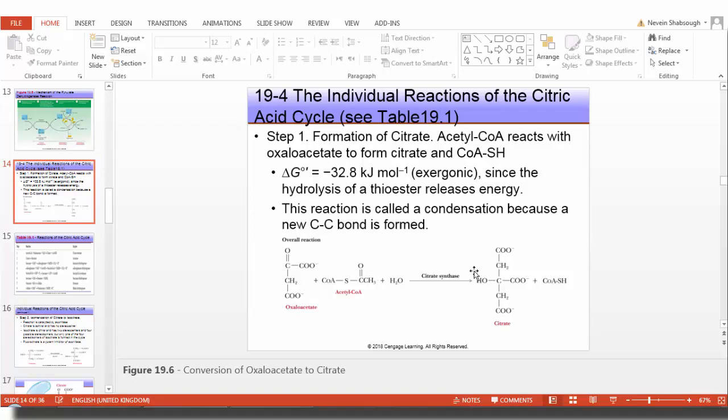It's also called the condensing enzyme because this reaction is a condensation due to the formation of a new carbon-carbon bond. Delta G naught prime for this reaction is negative, it's exergonic, since the hydrolysis of thioester releases energy. Thioesters usually are considered high energy compounds.